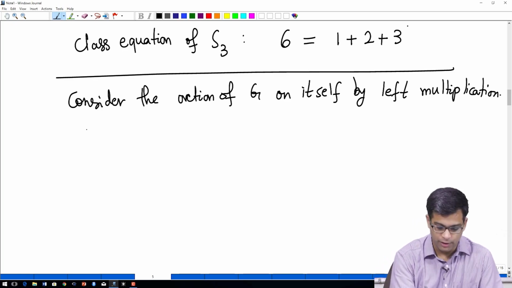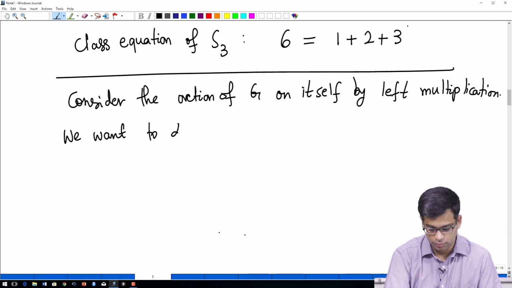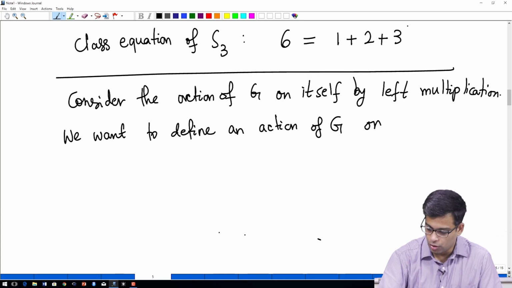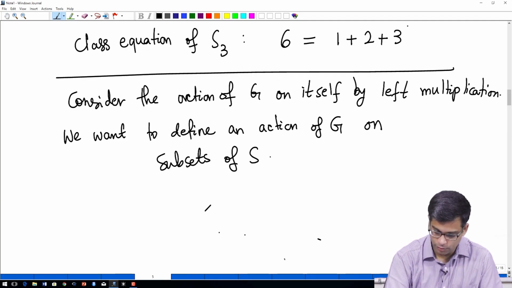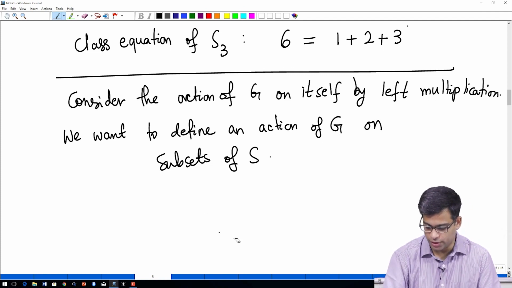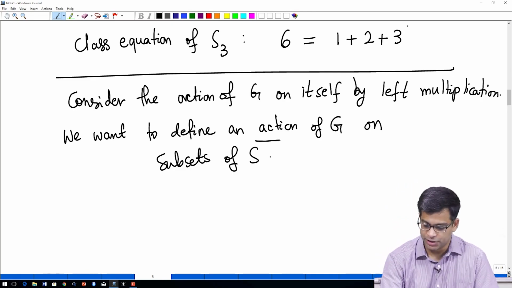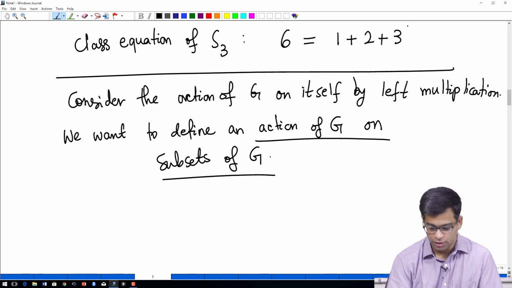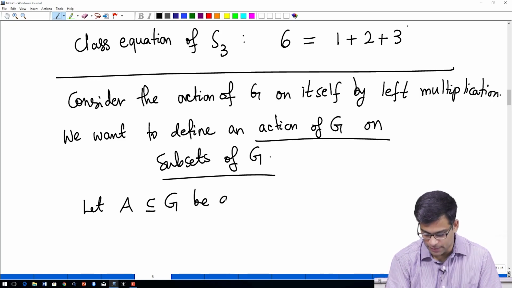So, this is the action of G on itself by left multiplication. Now we want to define an action of G on subsets of S. So, we know that G acts on itself by left multiplication. Using that, I want to define an action of G on subsets of G. So, let A be a subset.